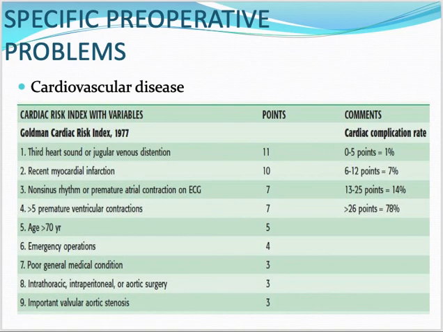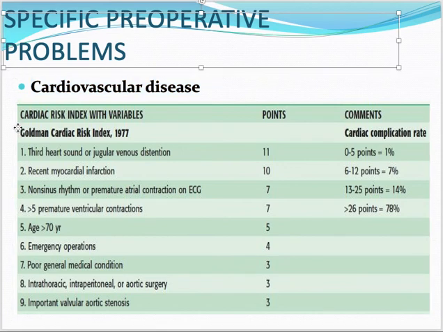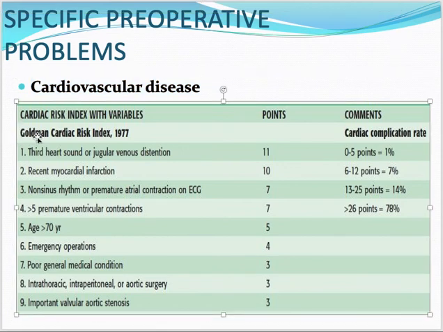There is no point in memorizing this table, but you must build a concept. This is a specific preoperative problem: someone who has a cardiovascular disease. This table is called the Goldman Cardiac Risk Index, and here is written the cardiac complication rate.